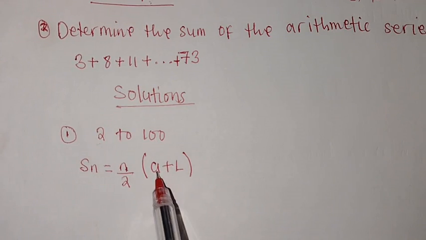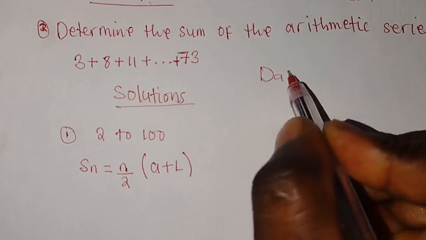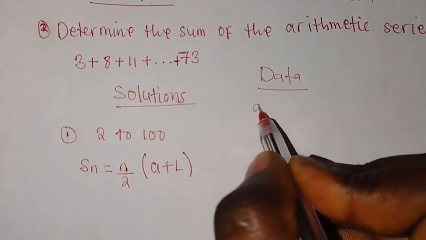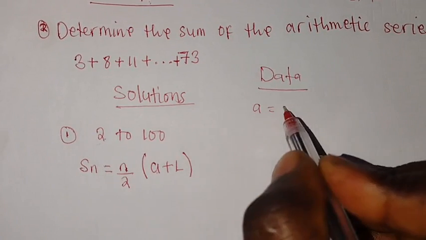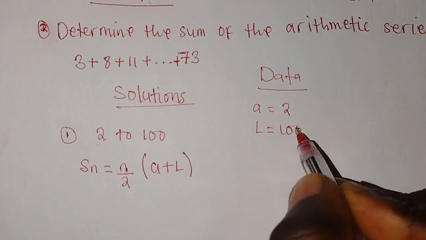Then a is the first term, which is 2. L is the last term, which is 100.